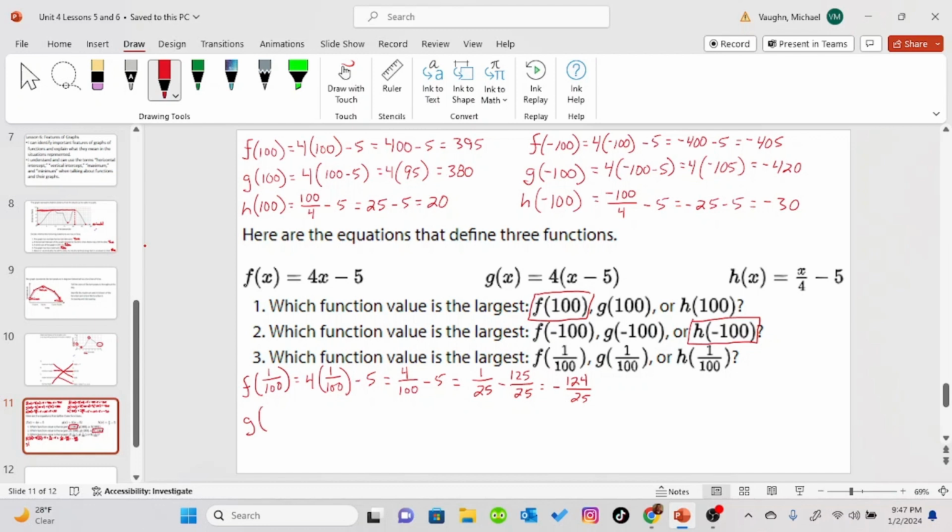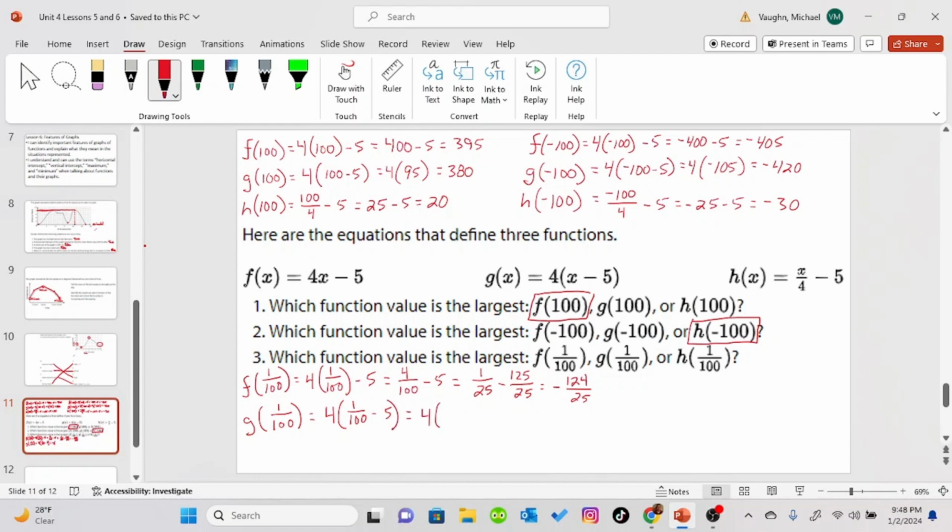Then we have g of 1 over 100, which equals 4 times (1 over 100 minus 5).